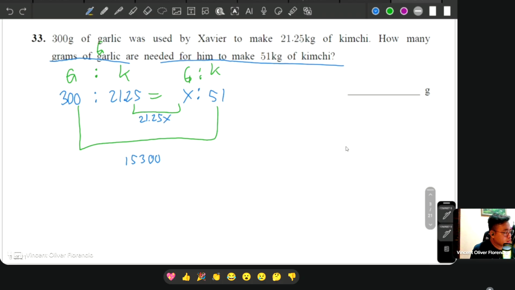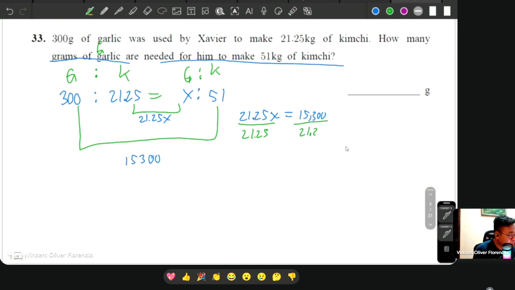I mean to say that 21.25x is equal to 15,300. And if you will solve for x, what you do here is, again, you need to make it positive and solo, the one I taught you last time. So divide by 21.25 on both sides.